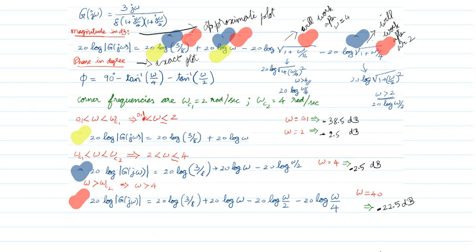Now we will find out that at the frequencies, at omega at point 1, between point 1 and omega equal to 2, this is the expression. Between 2 and 4, this is the expression. Omega greater than 4, this is the expression. Now I will find out at each point, omega at point 1, I will substitute omega point 1 in this expression. I found out that it is minus 38.5 dB.